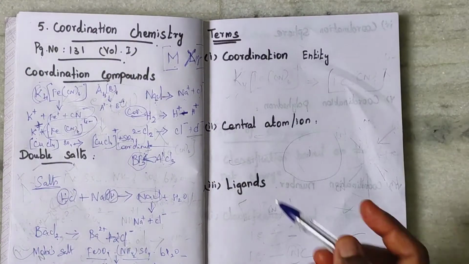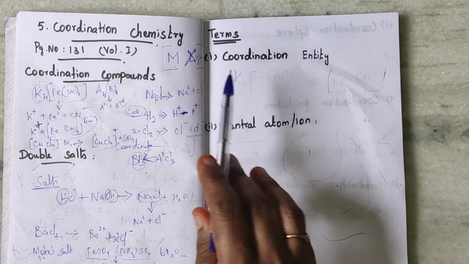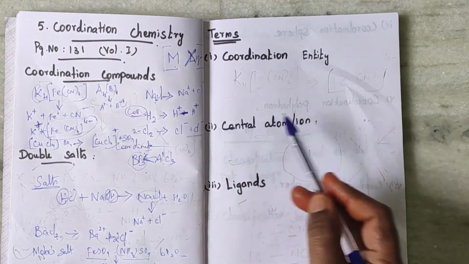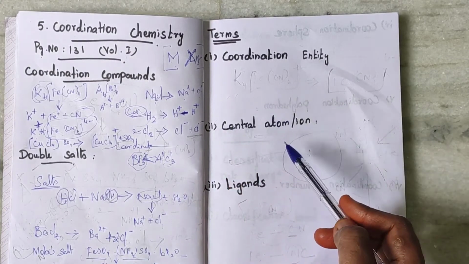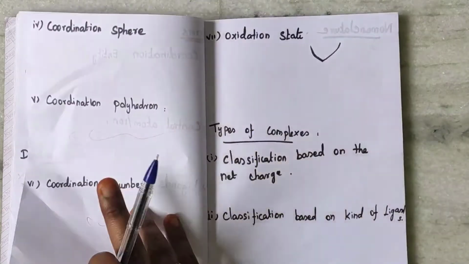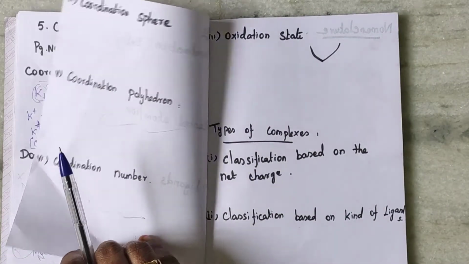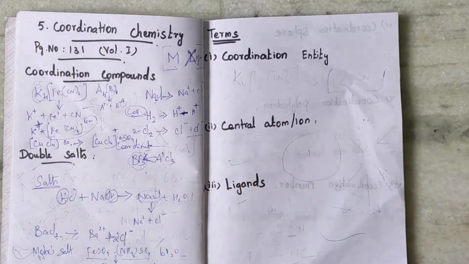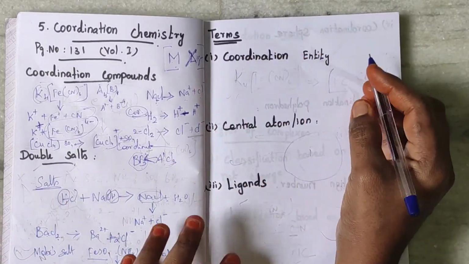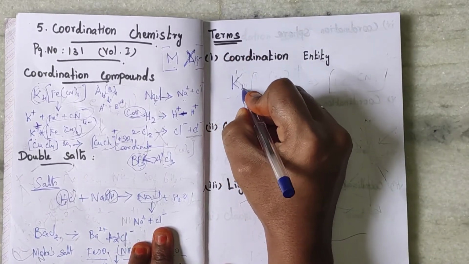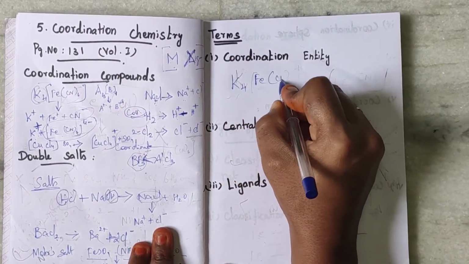Next part, we know some terms for this chapter: coordination entity, central atom or ion, ligands, coordination sphere, coordination polyhedron, coordination number, oxidation state. What is coordination entity? For example, K4 Fe(CN)6.